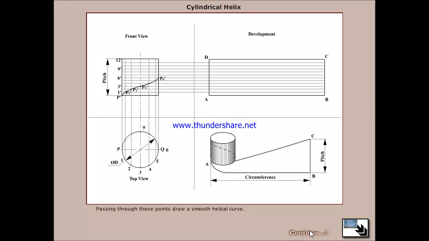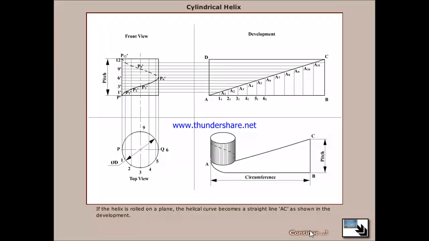Passing through these points, draw a smooth helical curve. In the second half of the revolution, since the tracing point moves on the rear side of the cylinder, the helical curve passing through points P6 to P12 is shown in dotted lines. If the helix is rolled on a plane, the helical curve becomes a straight line AC as shown in the development.